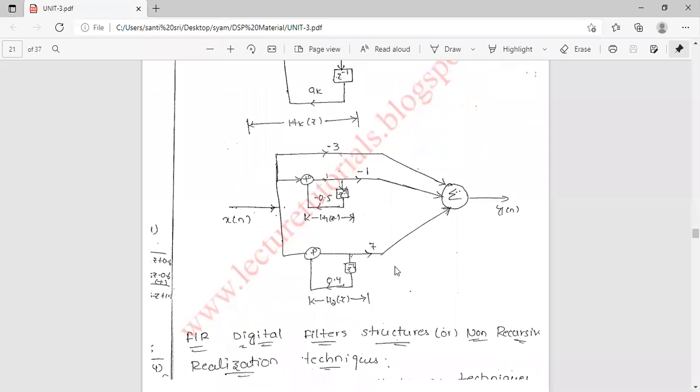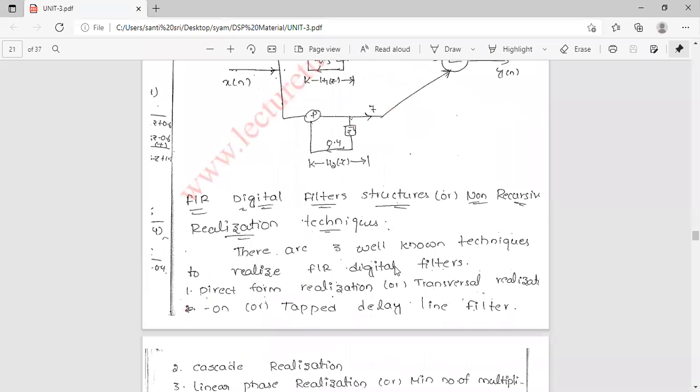Then coming to the FIR digital filter structures, these are also called non-recursive realization techniques. FIR digital filter structures are non-recursive realization techniques.